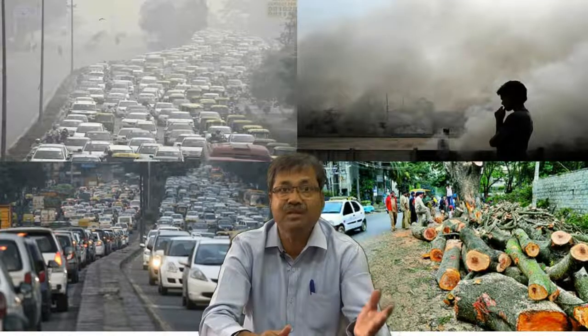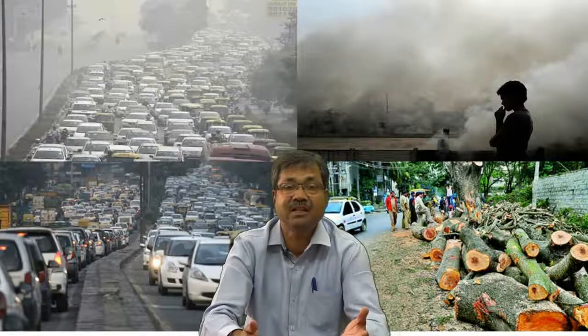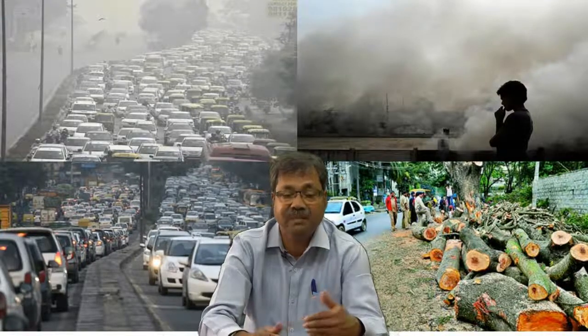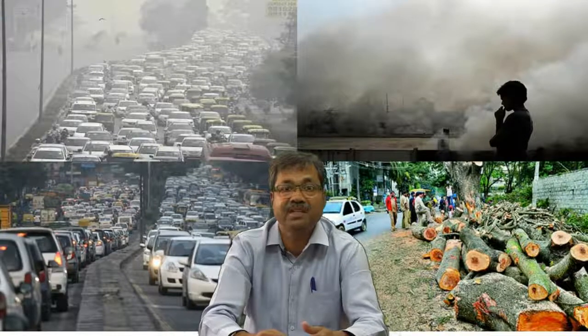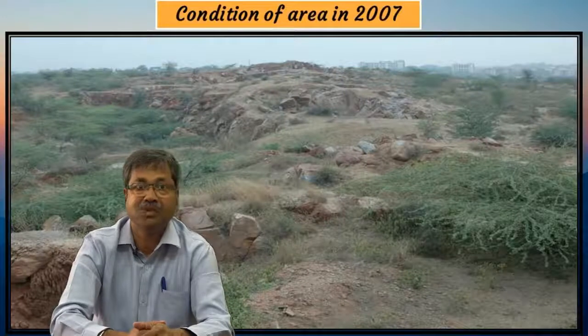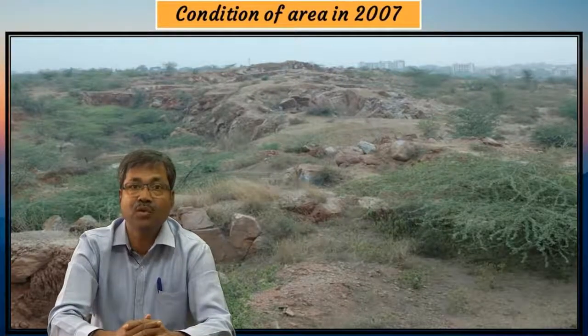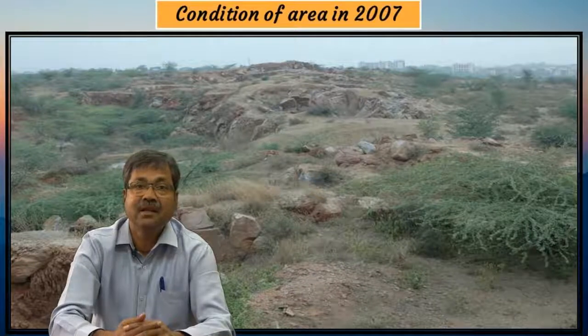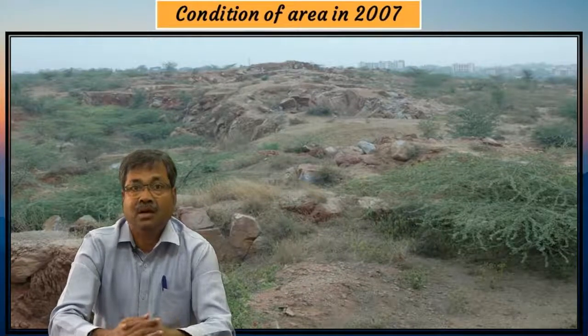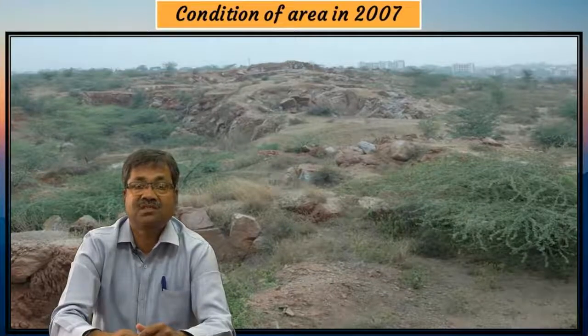Earlier there used to be huge land available for a very small population, with very limited demand. But as we expanded, we increased our population and demands, and we damaged the two ecosystems of Delhi. So we have taken up the challenge to restore these two lands into biodiversity parks that depict the lost ecosystems of Delhi.